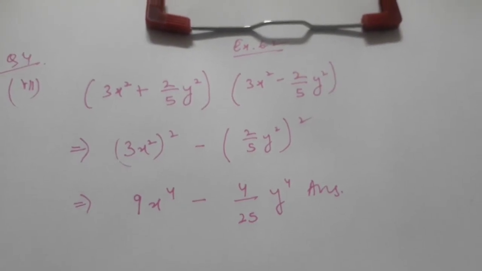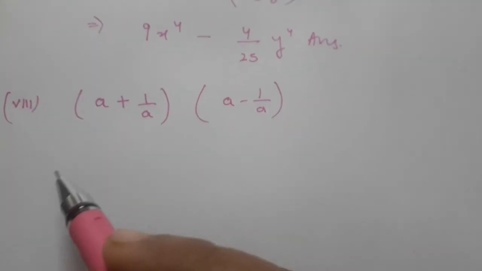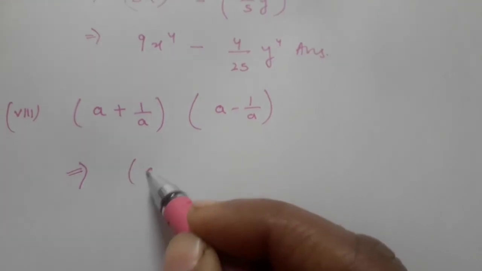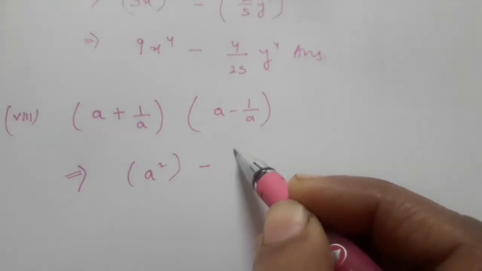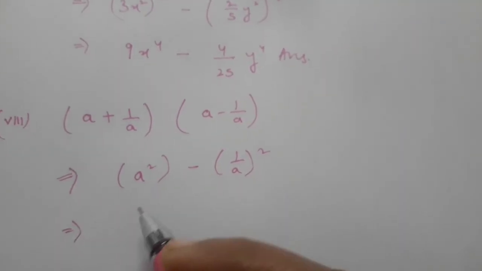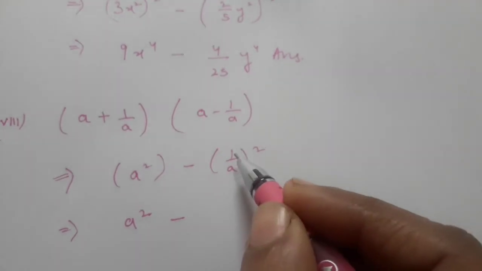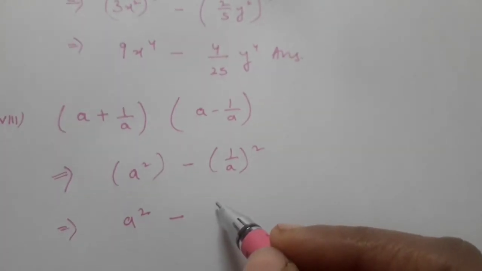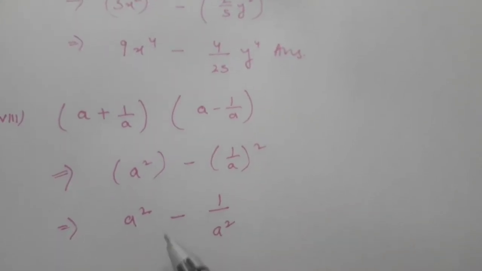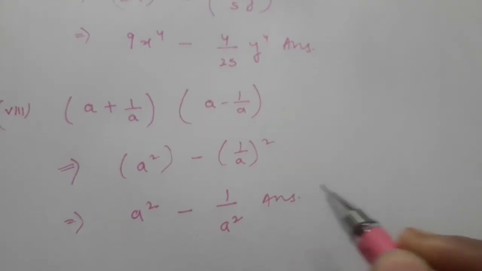Now let's move to the eighth and ninth part. So the eighth part is a plus 1 by a and a minus 1 by a. So that would be equal to a square minus (1 by a) square. So it would become a square minus 1 square would be 1 only and a square would become a square. So our answer would be a square minus 1 by a square for eighth part of question number 4.